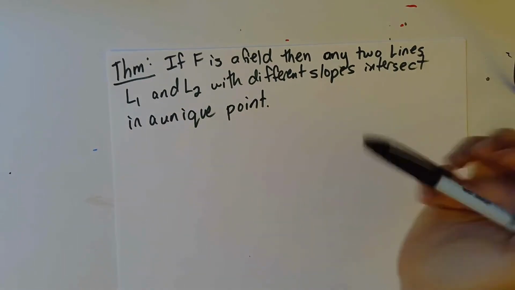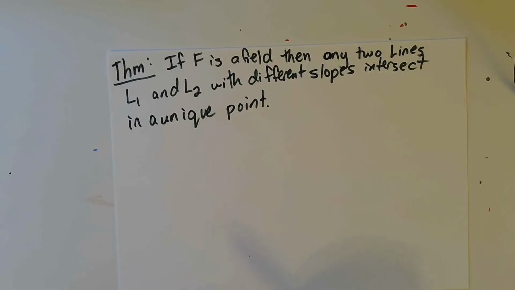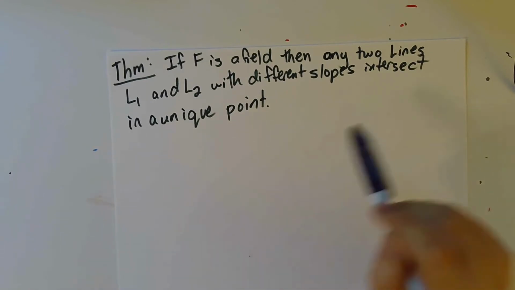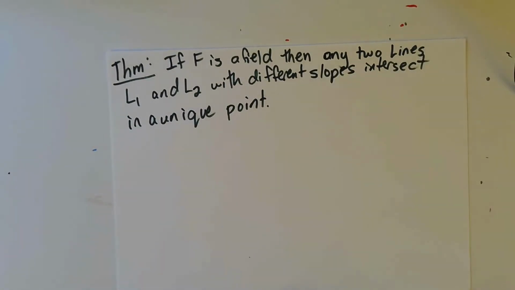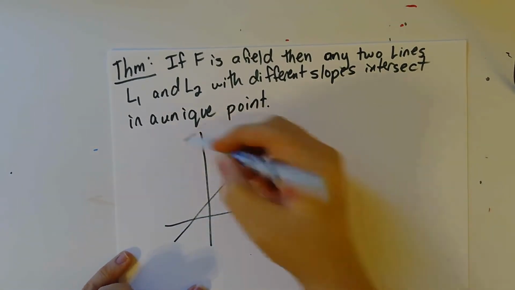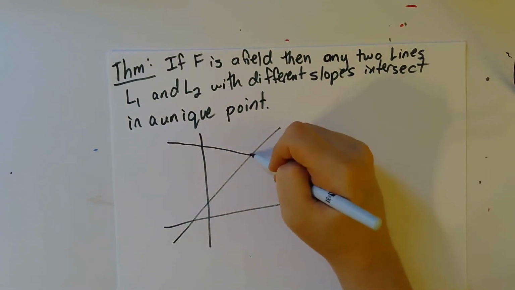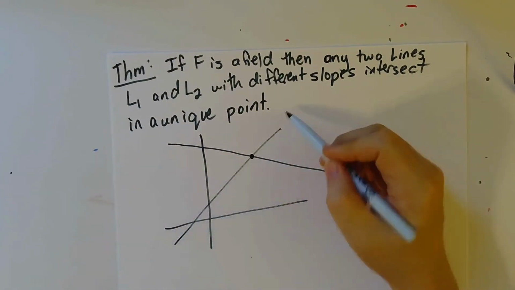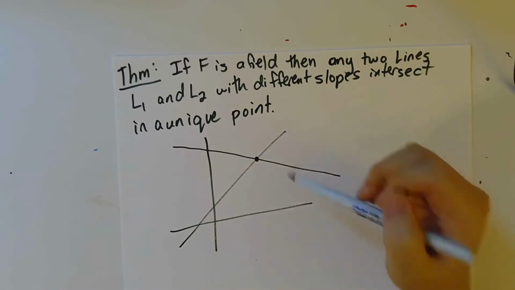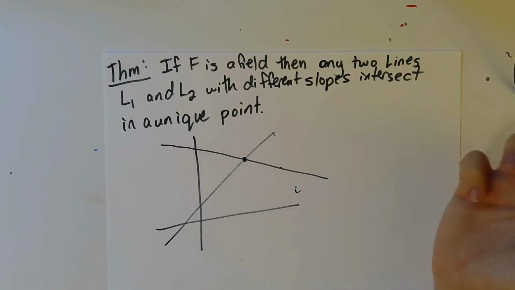Okay, so this is something that over the plane is quite intuitive, because in the plane, if the lines aren't parallel, you can imagine some sort of intermediate value theorem forcing that these two lines are going to cross each other at some point, and then because the slope of this is positive and the slope of this is negative, as soon as the value of this function is bigger than the value of this function, they can never cross again.